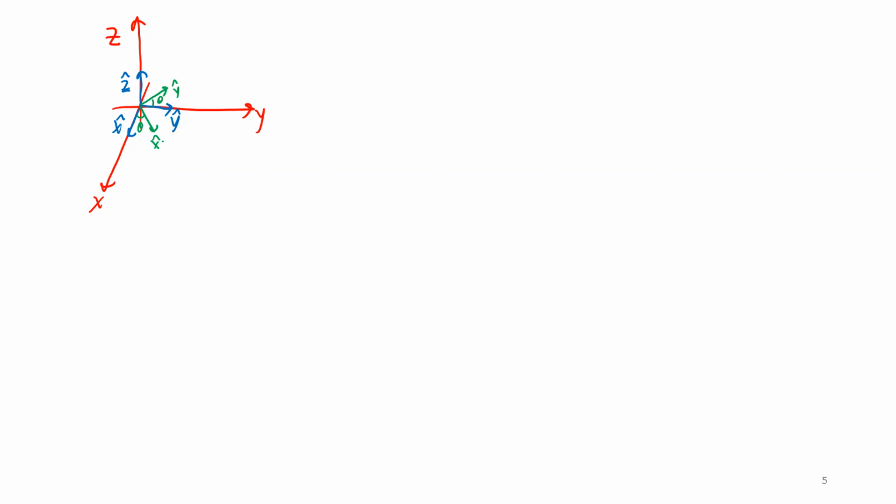Let me call them x hat prime and y hat prime, and let's say the z doesn't change. Then of course x hat prime, y hat prime, and z hat prime is also an orthonormal basis.